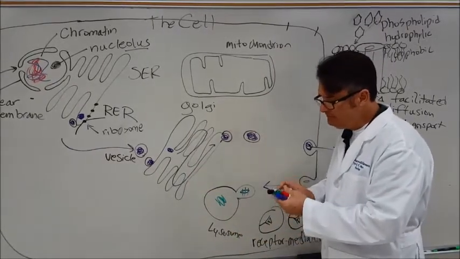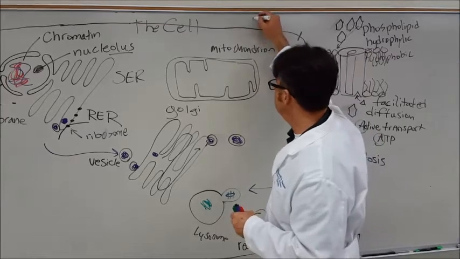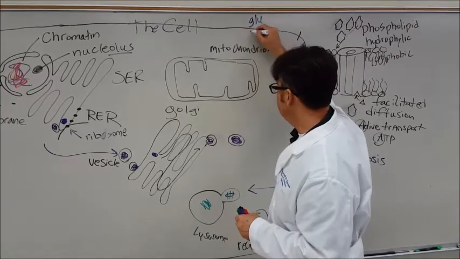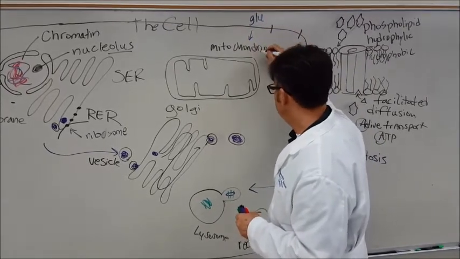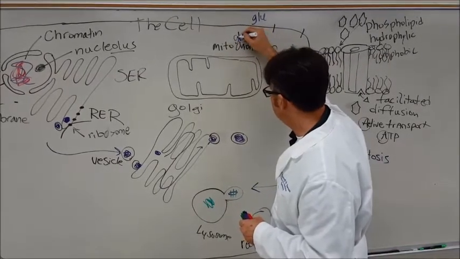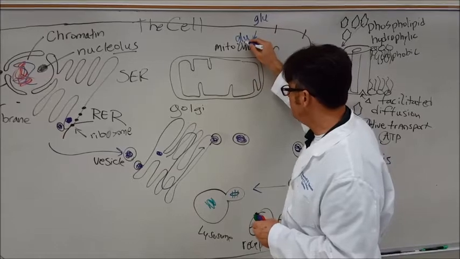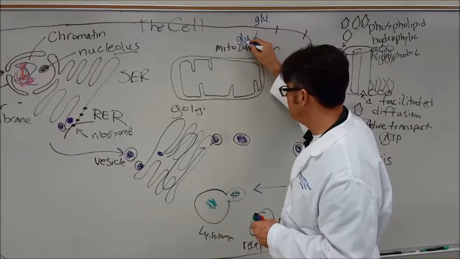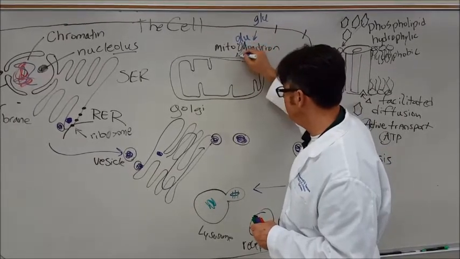And so glucose is captured into the cell, and I drew right where I need some room. And then the glucose is brought in and split into two pyruvates.